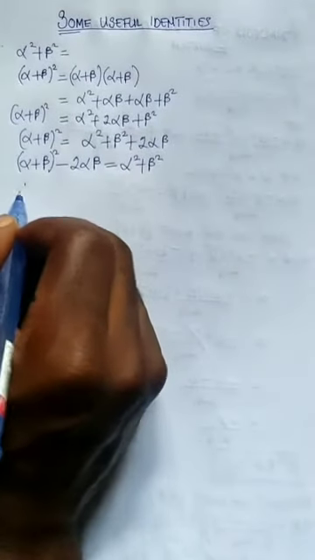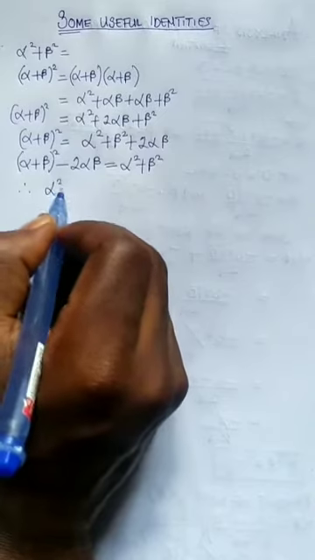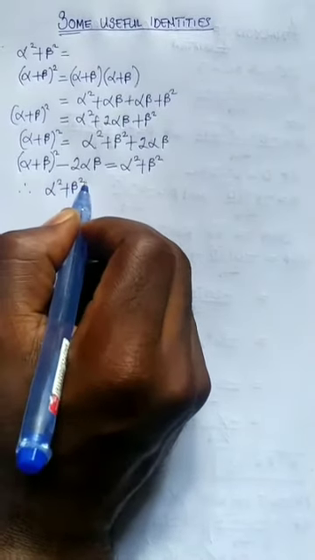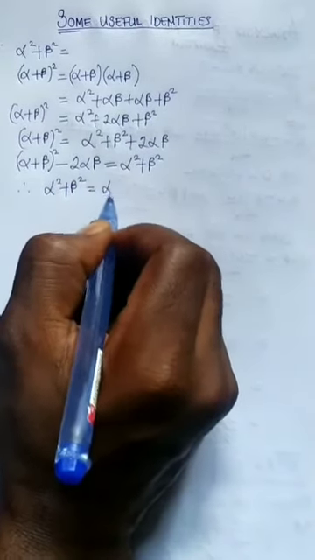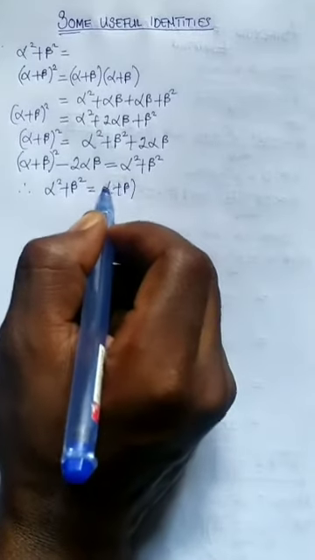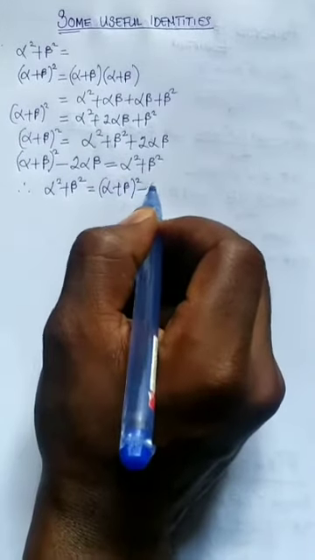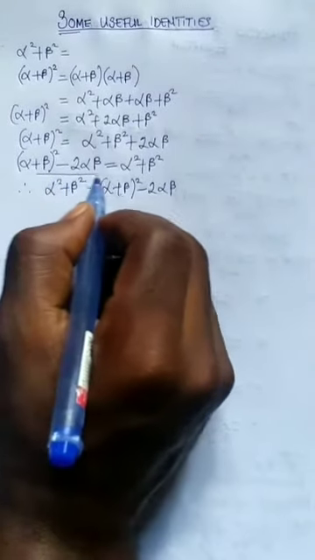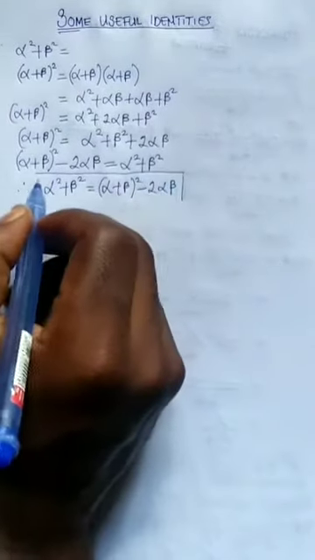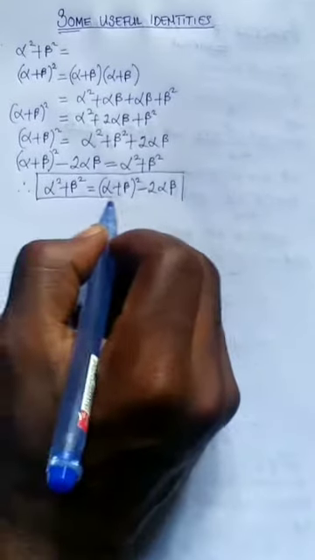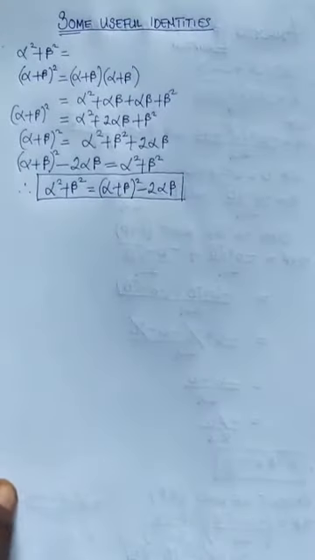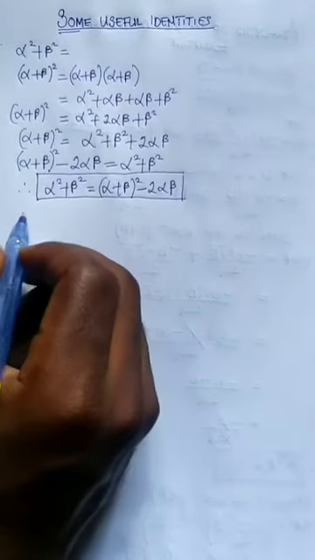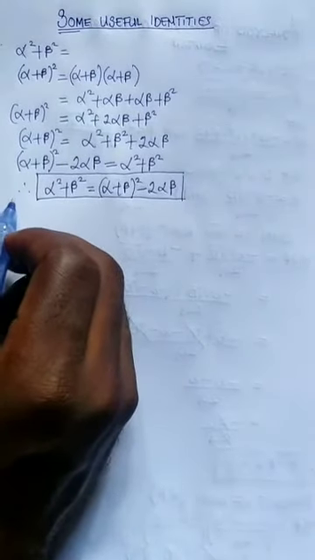Therefore, my alpha square plus beta square will be equals to alpha plus beta all square minus 2 alpha beta. That is another relationship that we have to know. Another useful identity. That is 1, this is 2.